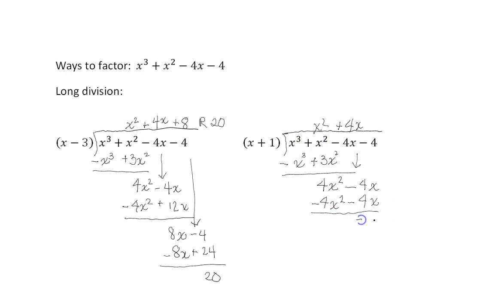Now I have a negative 8x, and then I'm going to bring down this negative 4. I'm going to plug in a negative 8. So negative 8 times x is going to get me a negative 8x, and negative 8 times 1 is going to get me a negative 8.